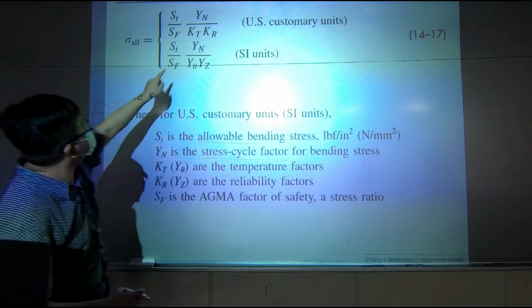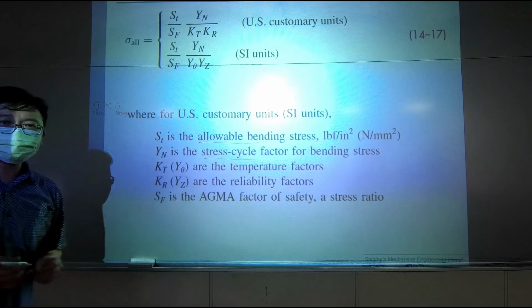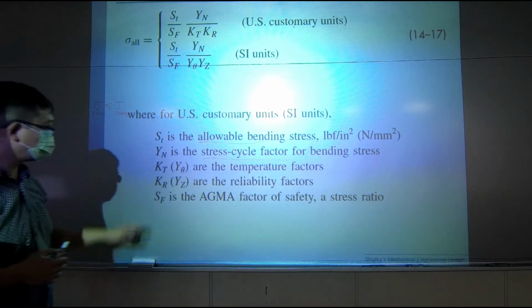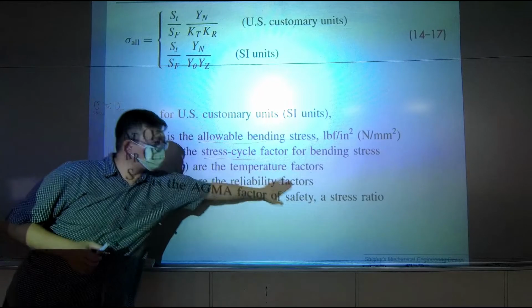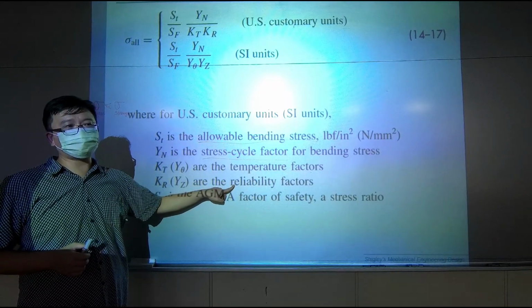Then KT, this guy, T is temperature. Okay, over here it is telling you when the gear is under different temperature, the strength changes. Okay? And also reliability. So it really depends on how reliable you wish the gear to be.